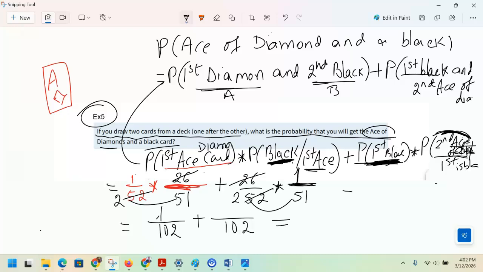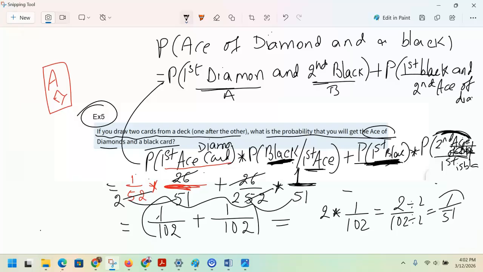So both are the same. So you get 2 out of 102. If you divide by 2, you get 1 out of 51. So that's the answer. The probability that you get the ace of diamonds is so less. I hope I'm making sense to you.